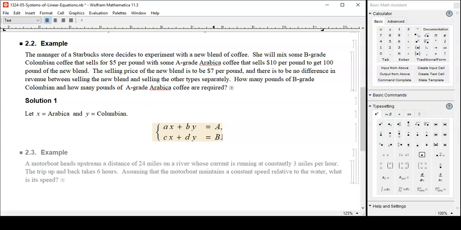And then we want how many pounds? What is the total pound? From there, can you see that they add up to 100 pounds?